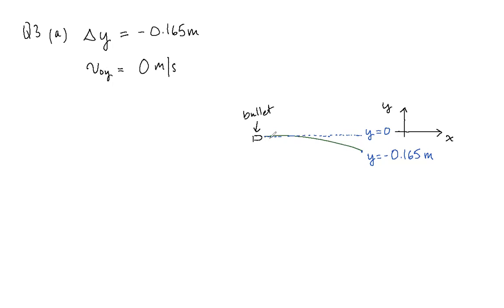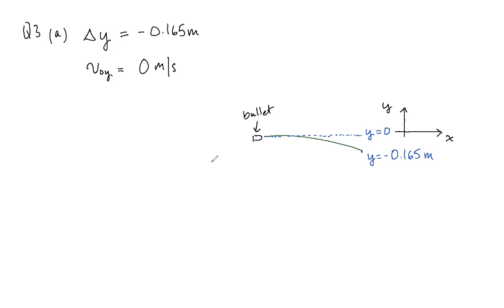Because initially, as the bullet goes flying out, as it starts out, it has no motion along y. It only has motion along x. But then as the bullet begins to move, gravity takes hold of it and begins to cause it to head downwards. And so over time, it develops motion along y that gets faster and faster, right?